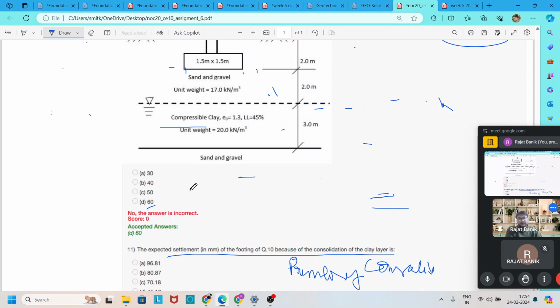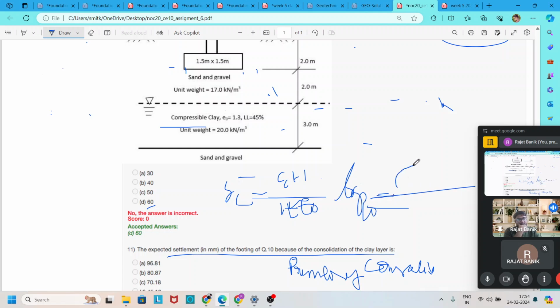For this we use the formula: primary consolidation settlement is equal to Cc, the compression index, into thickness of the clay layer divided by 1 plus e naught, the initial void ratio, into log 10 of (sigma z dash plus del sigma z dash) divided by sigma z dash.